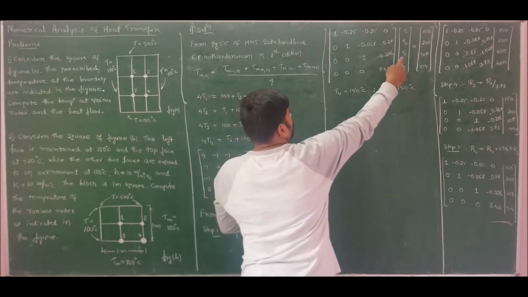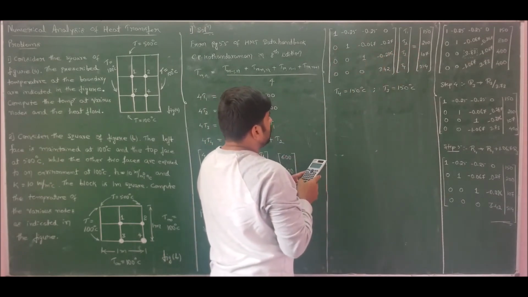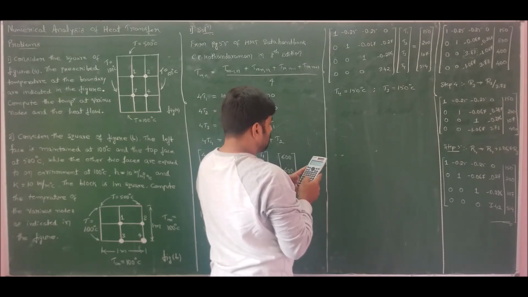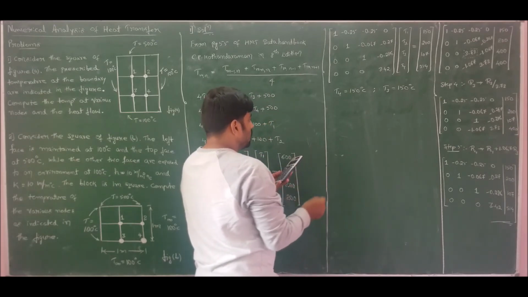I know T3 and T4. I can find T2 from equation 2. From equation 2, T2 will become 200 plus 0.067 into 150 plus 0.27 into 150, which is nothing but 250.